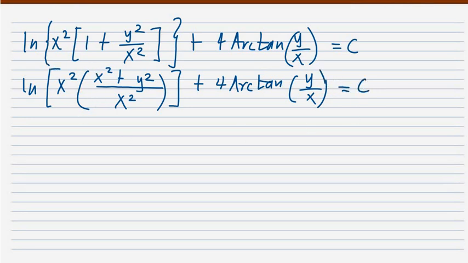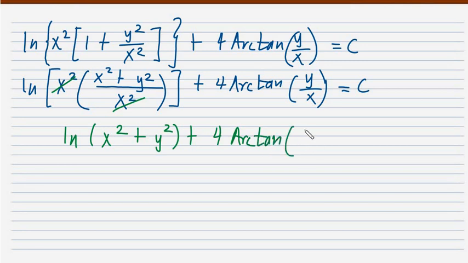Then what we can see here is we can cancel x squared. So our final answer will be ln of the quantity x squared plus y squared plus 4 arctangent y over x is equal to c.